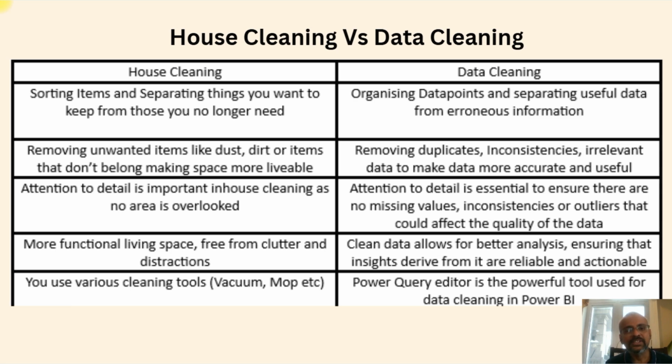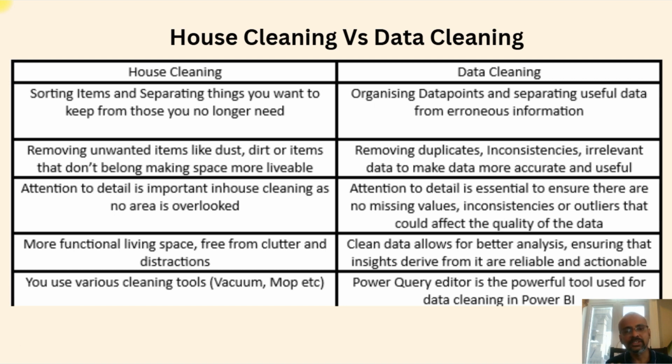The data is not consistent. When I say inconsistency, let's say the state is mentioned as Andhra Pradesh. In other places, it may be mentioned as AP. In another place, you might have come across the term Andhra. So it is inconsistent. Data is not consistent, so that has to be fixed. You have to make it consistent data.